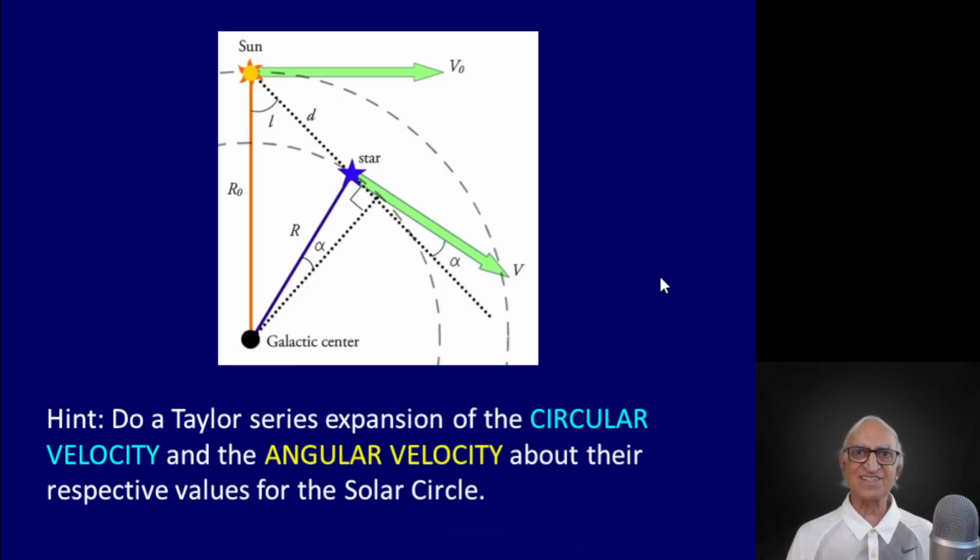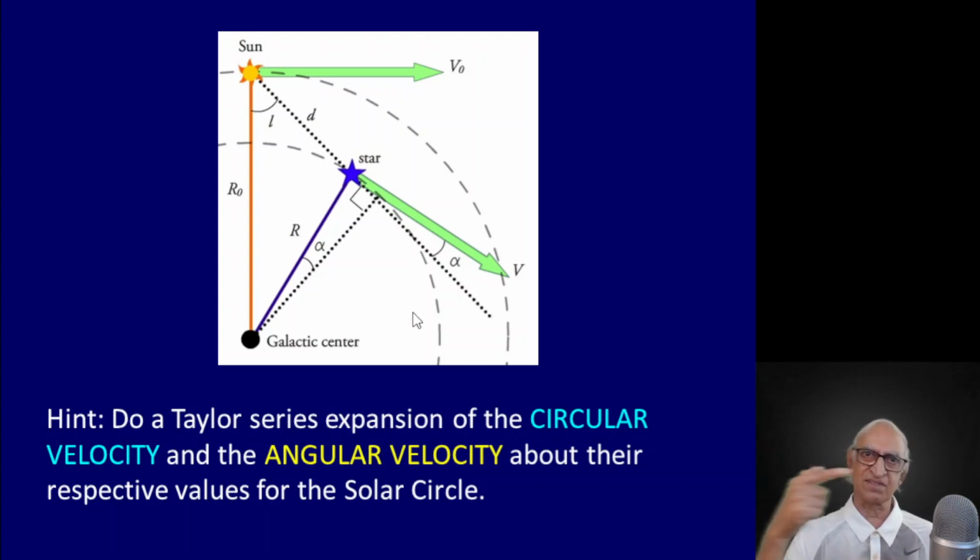Now, if you are interested in deriving that expression, then do the following. Here is the sun, here is the center of the galaxy. The sun is at a certain distance, r naught or r sun if you like. We are looking in some longitude L. This is the longitude L, and there is a star. The star will have a velocity. It's going around the center of the galaxy. Therefore, that velocity, which is the green vector, will be tangent to this dashed circle.